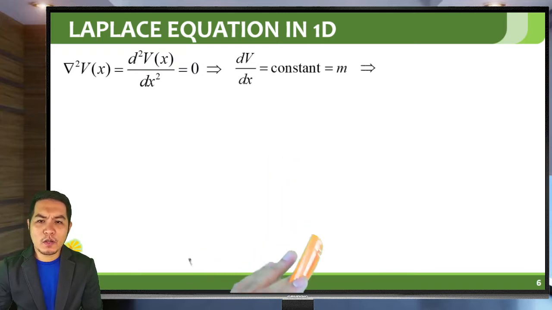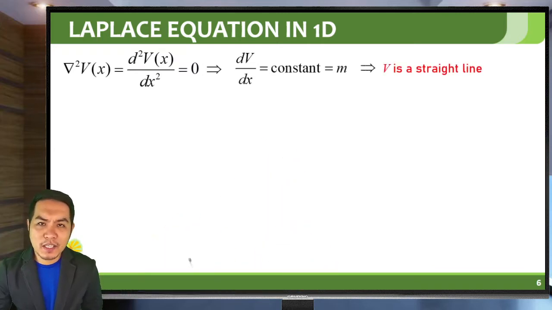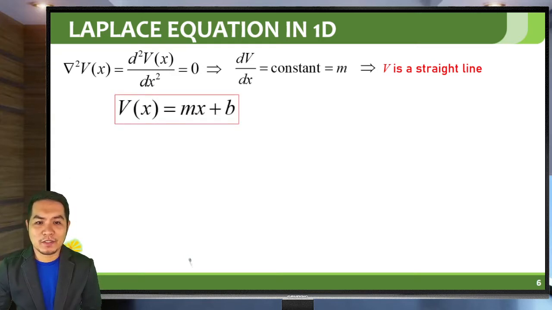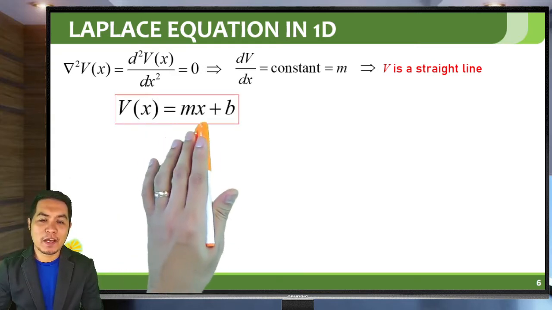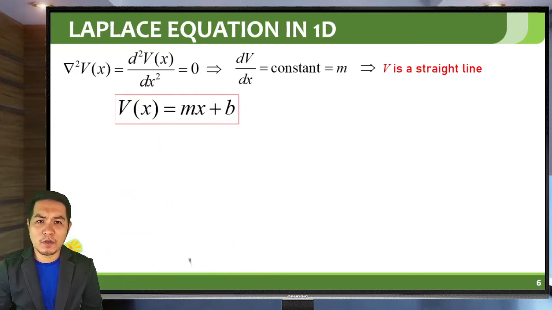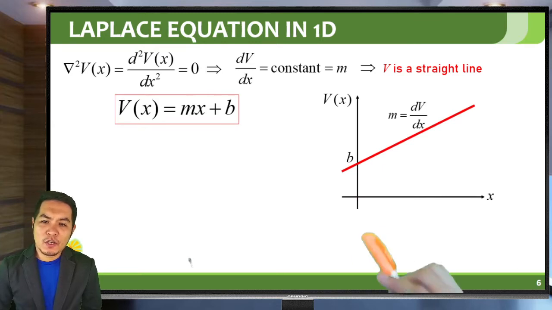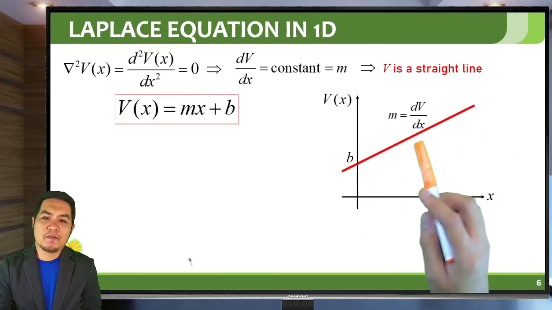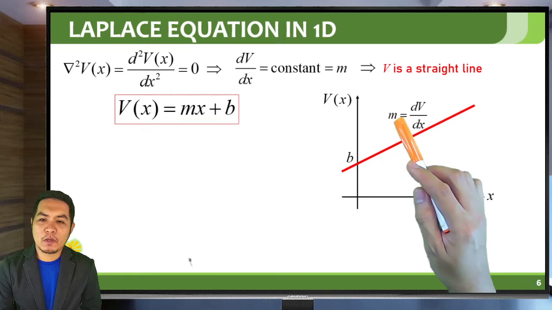This further tells you that the potential has the form of a straight line. So your V of x is mx plus b. I think you're familiar with this form: y is equal to mx plus b, the equation of a line. So your potential will be linear. The slope of this potential will be dV/dx.